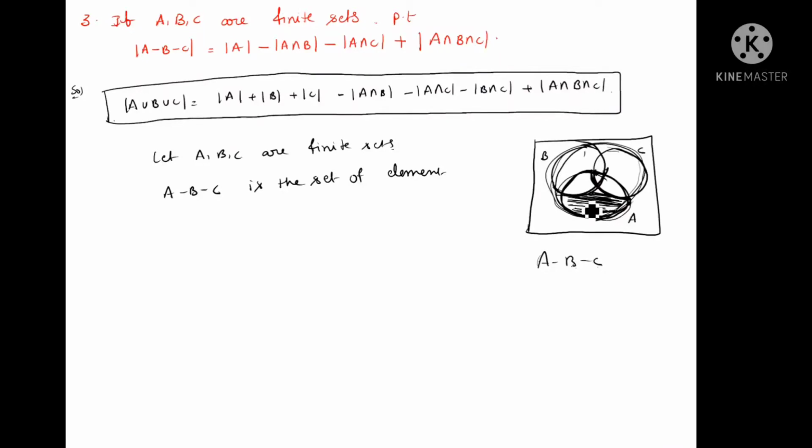Instead of finding this one directly, from A union B union C, if you subtract B union C, this is B union C, right? From the total A union B union C, if you subtract B union C, we get this one.